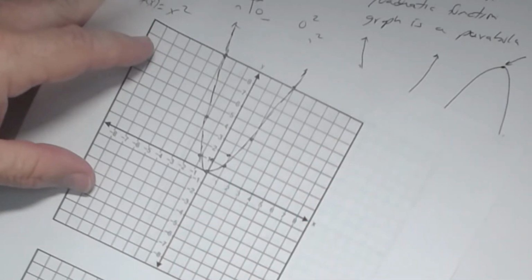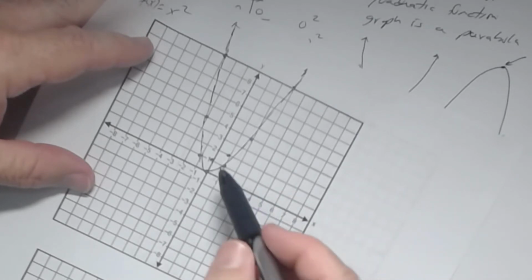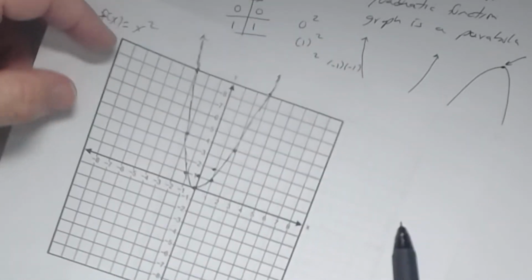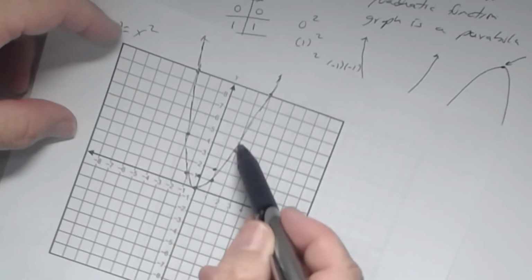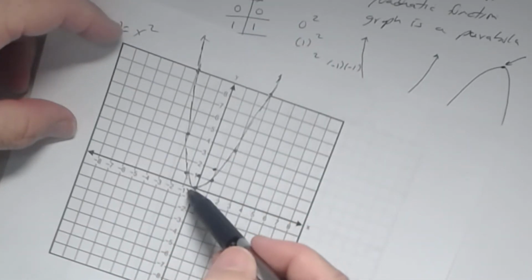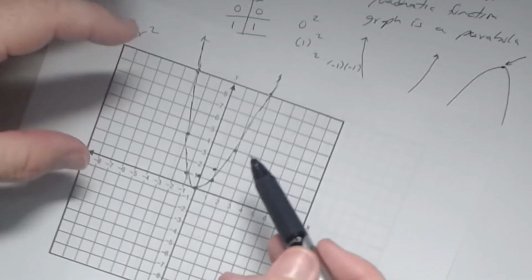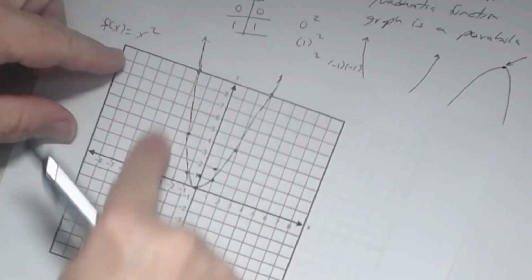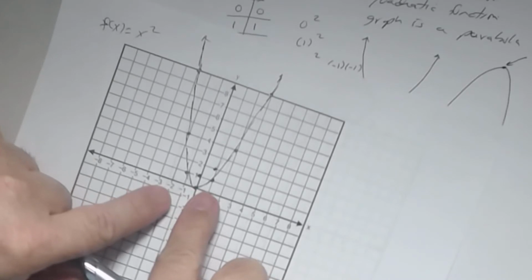Basically, you're going to have another parabola on the inside of that. It'll look like a smaller one within a parabola. Well, it's not really going to be small. It'll be the same size. It's just that it's shifted up.